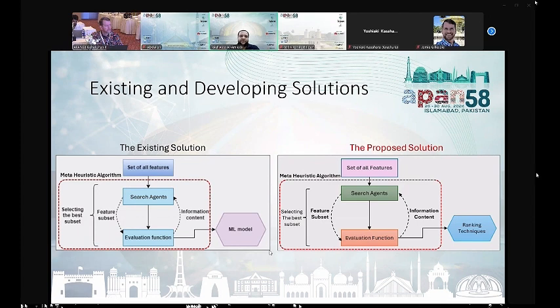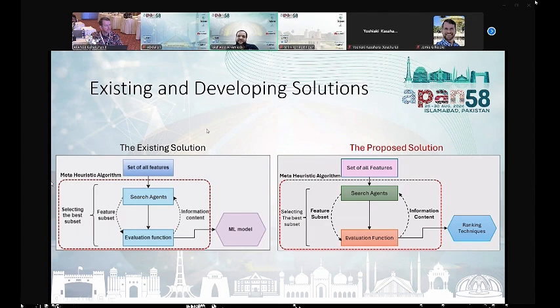After that, they are input to the evaluation function, which is the machine learning algorithm. This process takes a huge training time. Why is that? Because machine learning has to build the training model and the prediction model, and this process is iteratively repeated and takes a long execution time.